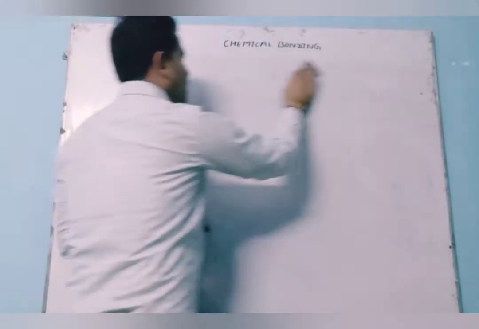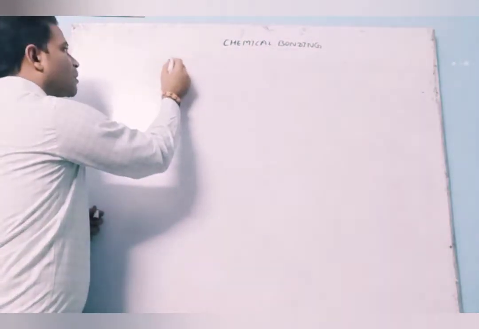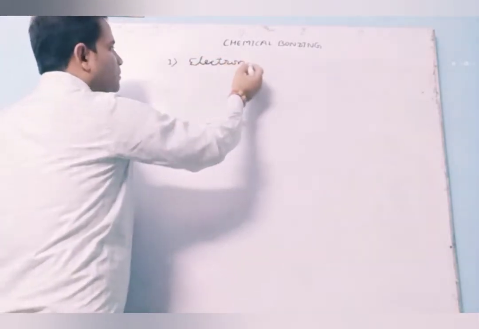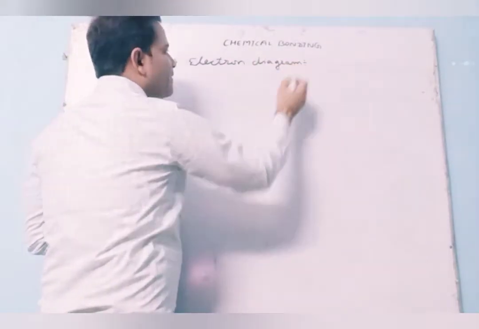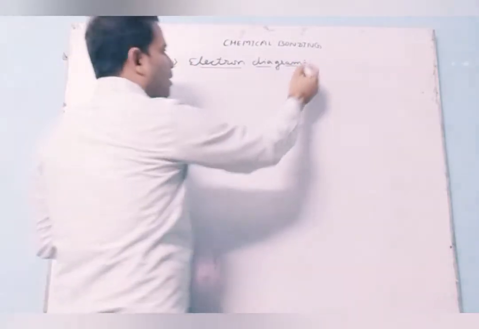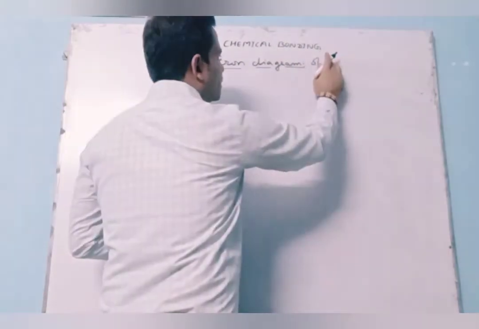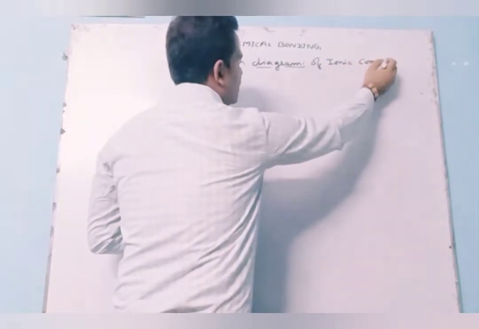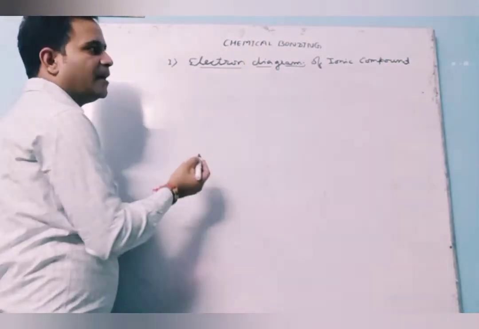See, first we start with the electron dot diagram, or you say the Lewis dot structure, also called the electron diagram of an ionic compound, or the electrovalent bond.